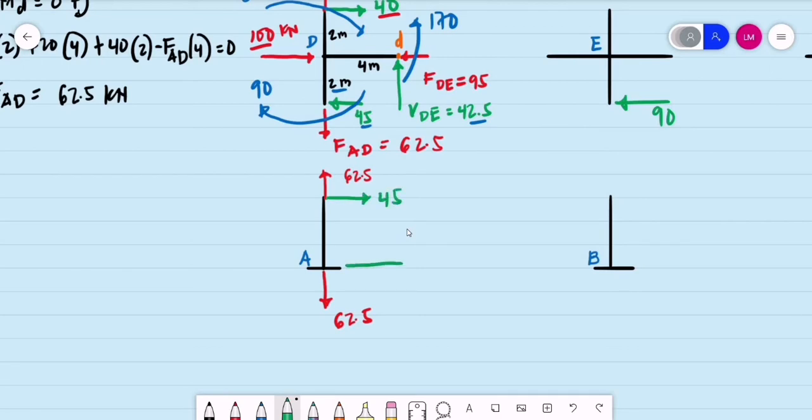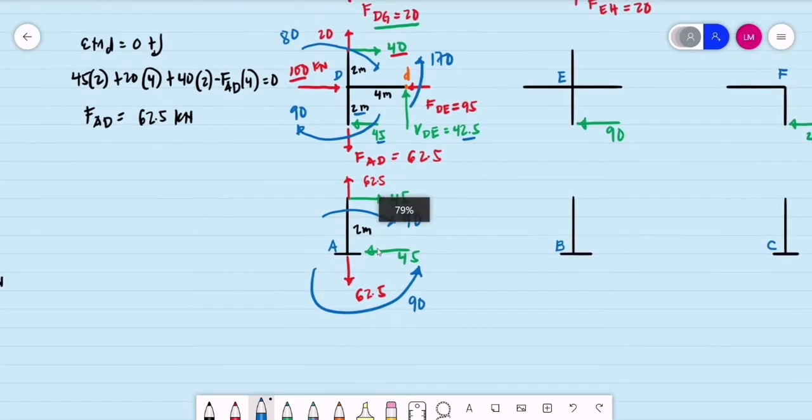So the base shear at A should be equal to 45 kilonewtons to the left. Then for the moments, this is 45 times 2 meters, which is 90 kilonewton meters. So therefore, the moment reaction at the base A is 90 kilonewton meter counterclockwise. That is for column AD.